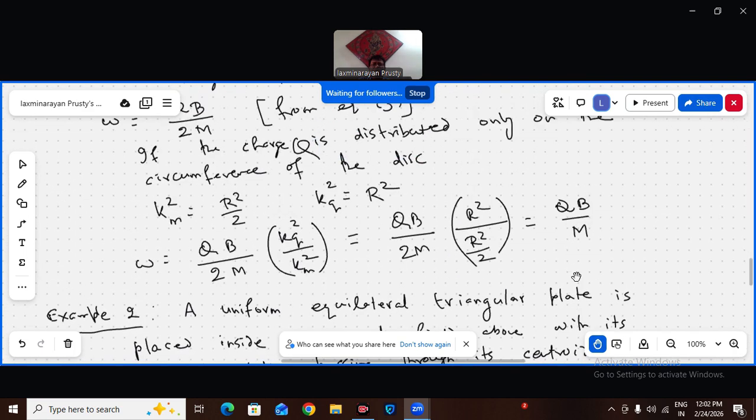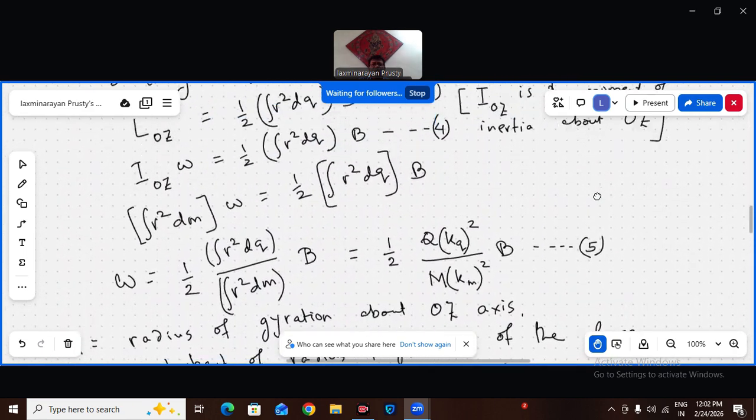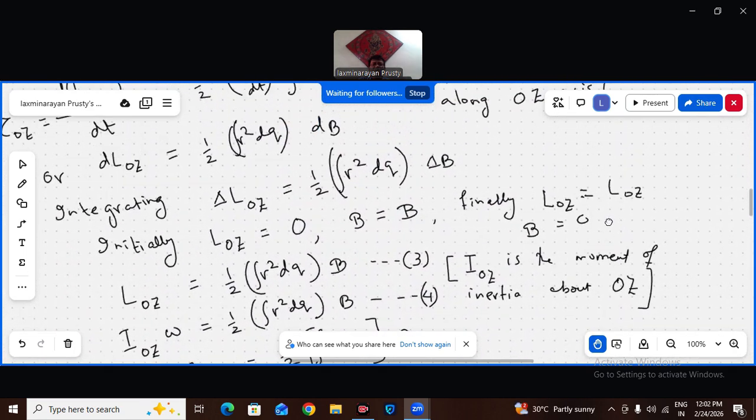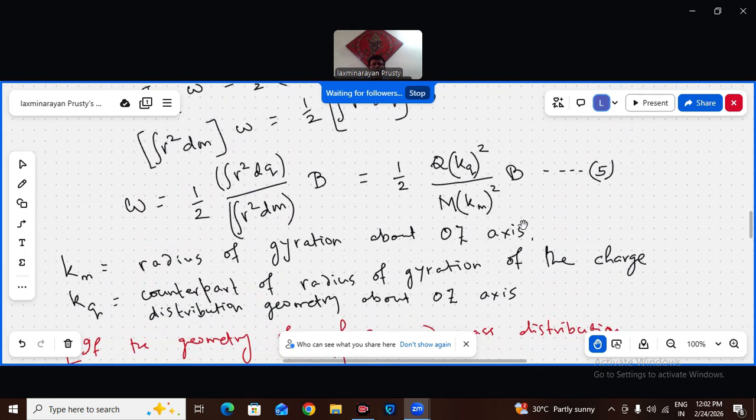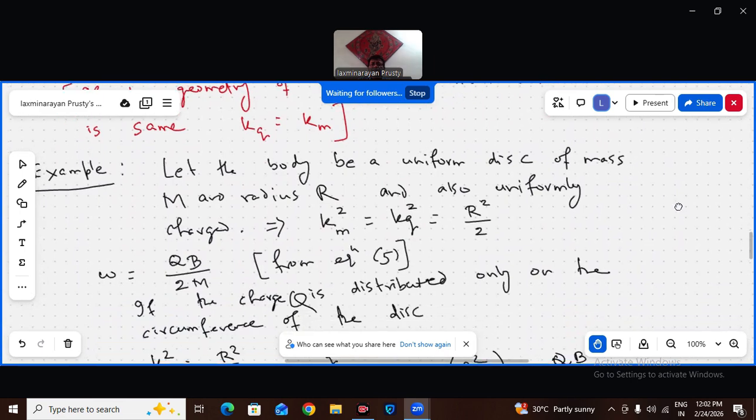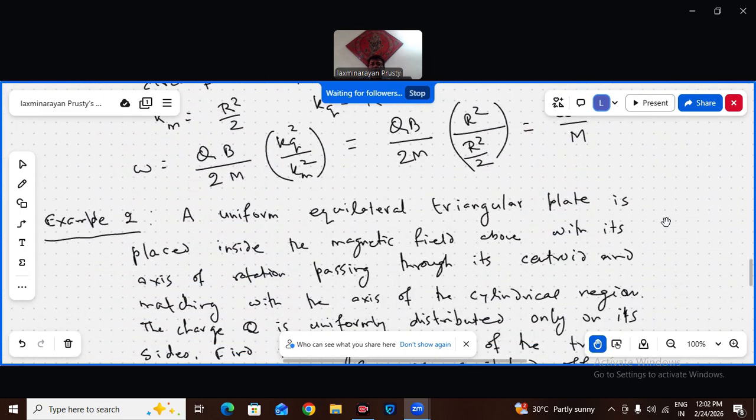This is a simple case. As long as B is uniform and the whole thing is inside the cylindrical magnetic field region, then you can use this. This is omega equals half q by m B into kq square by km square. Okay.